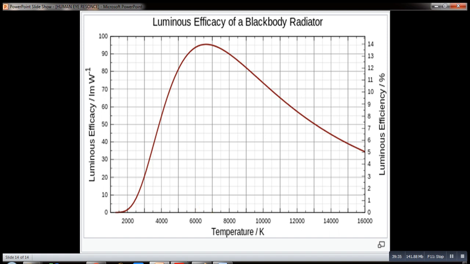In this region we have the maximum spectral efficacy and maximum spectral efficiency of the blackbody radiation. And if we exceed this temperature, the efficacy and efficiency will be reduced with increased temperature of the blackbody.